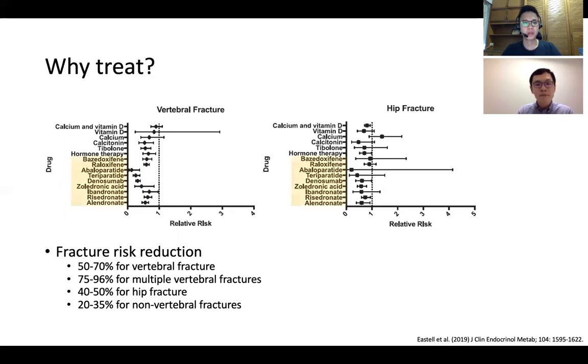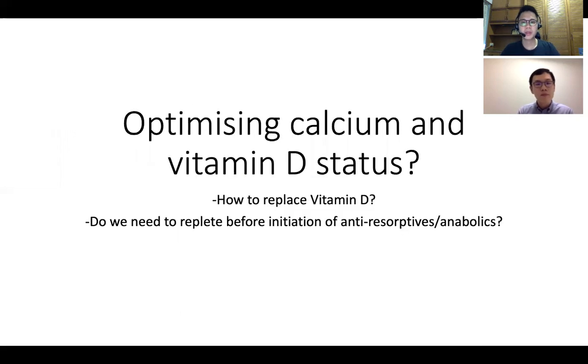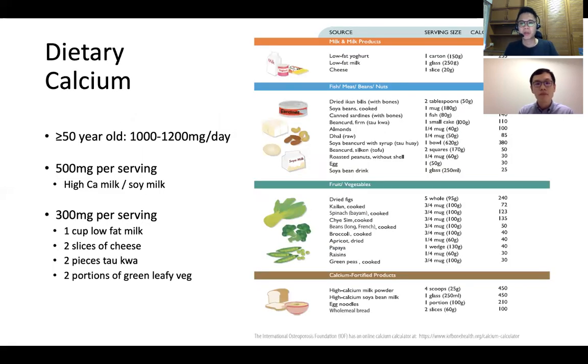Okay, thanks. The next question is about how, and whether, we must do this before we start treatment, in terms of optimizing calcium and vitamin D status. Going back to the physiology, it's important to appreciate that bone is a major reservoir for calcium in the body, and a major player in calcium homeostasis.